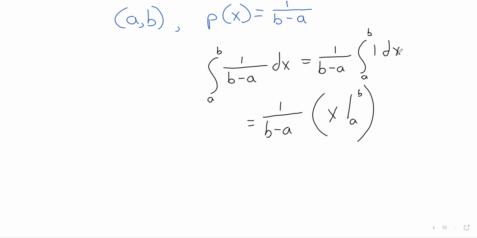We stick in B and we stick in A. One divided by B minus A times B minus A is 1. Exactly what we need for this to be a probability density function. Or, well, 1/3 of the things we need, but we talked about the other 2.